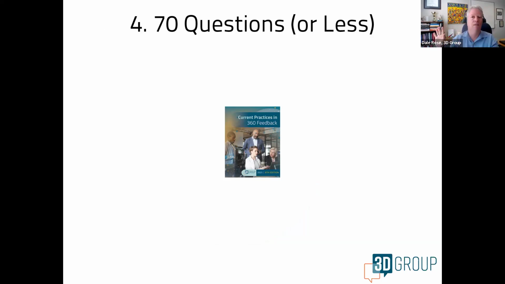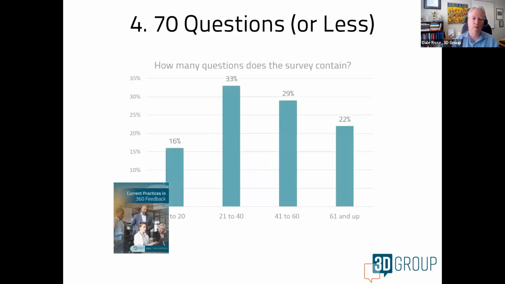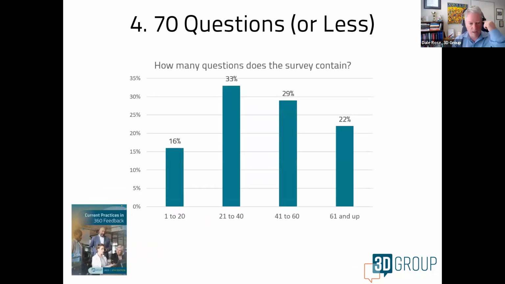Open-ended comments can take a long time to write. But 70 questions, you'd be surprised how quickly that can be done. And that could cover a dozen or so competencies pretty accurately from a reliability standpoint.